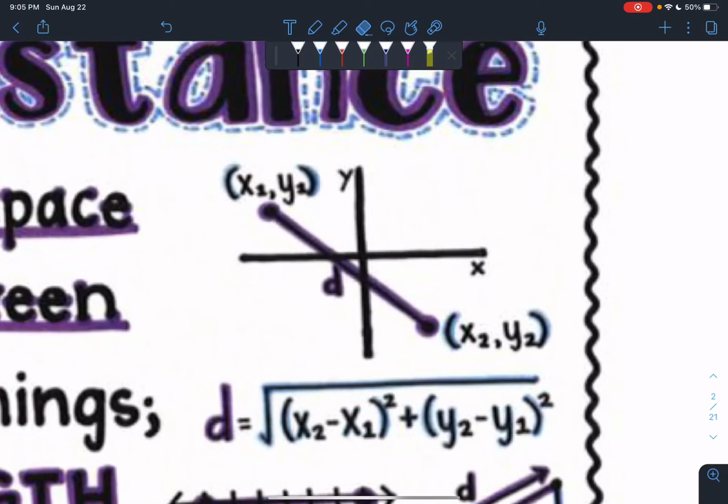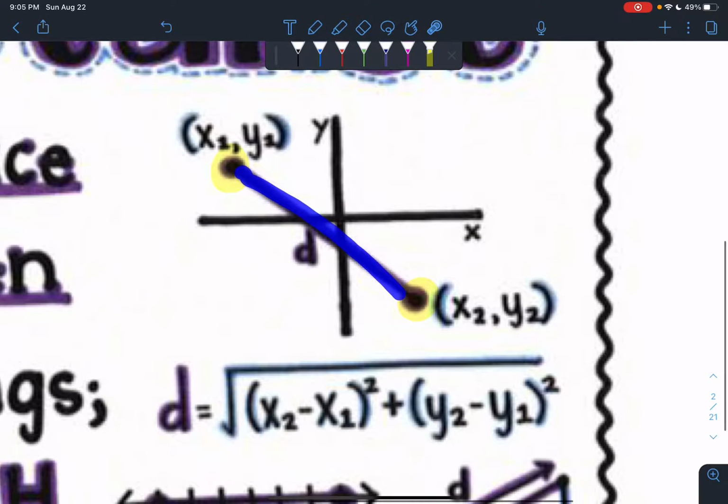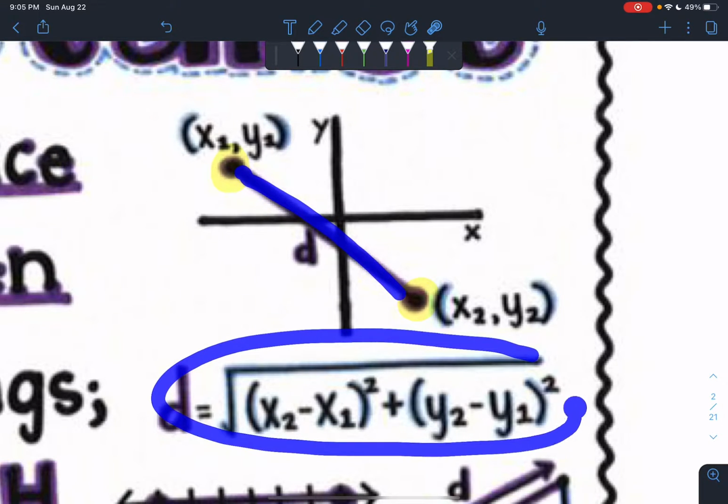For example, here, given the 2 points at the end of this segment, where the coordinates are x1 and y1, and the second point is x2 and y2, we can find the distance between those 2 points, or the length of this segment here, by using this distance formula here.